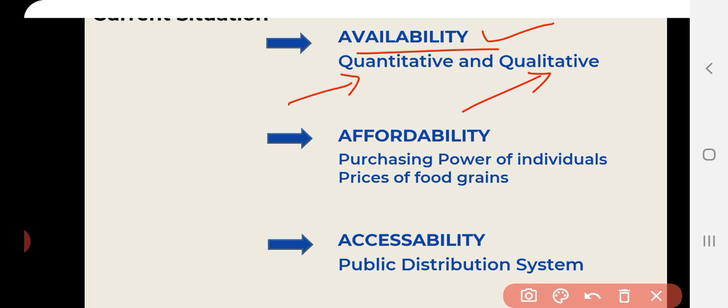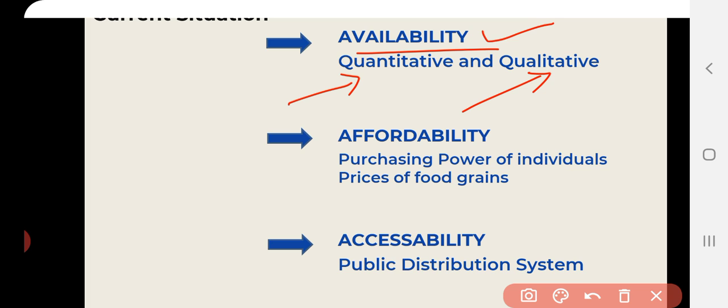In the second point, qualitative availability of food grains means whether the people of India are consuming quality food grains, what the dietary requirements are, and what type of requirements we are fulfilling in our country. What about the quality of food?